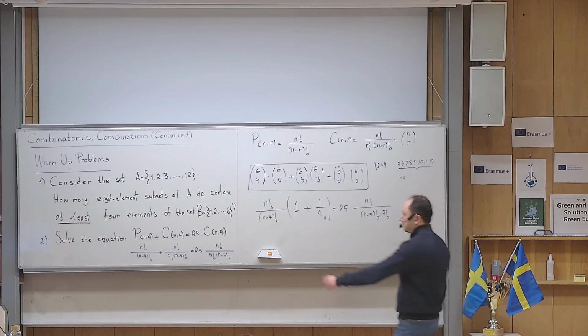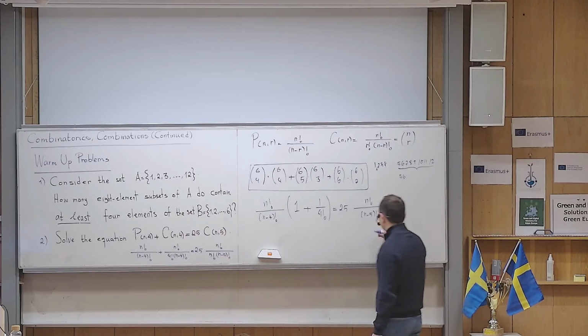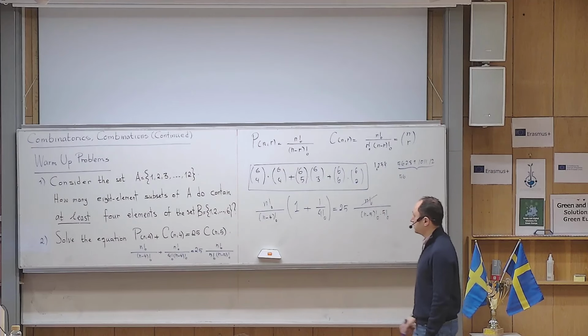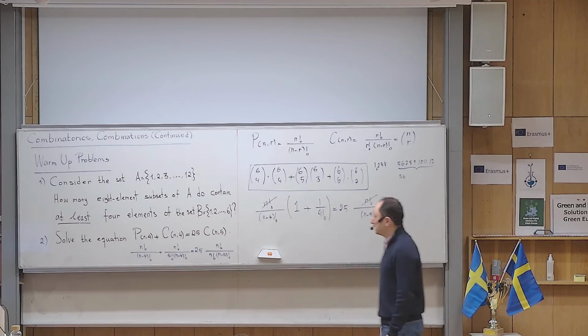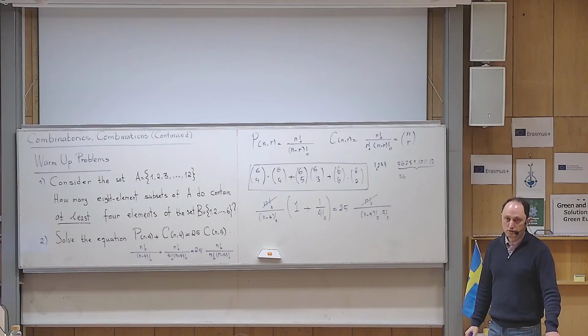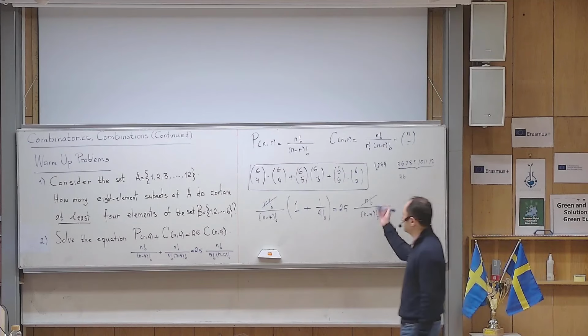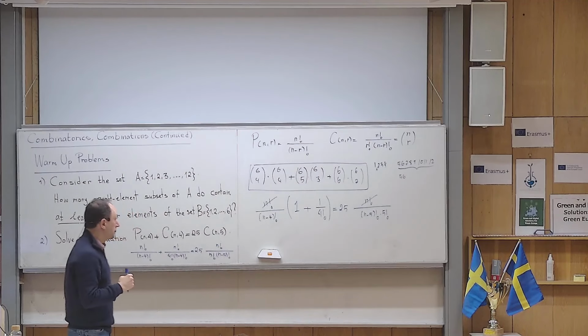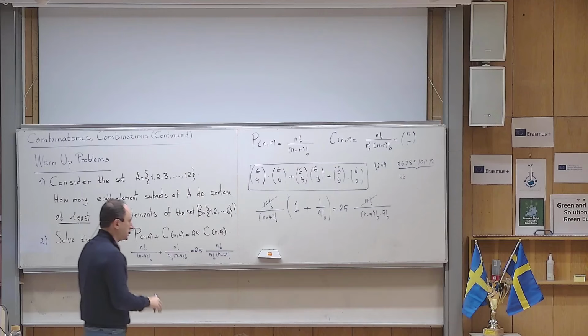It doesn't matter if I write 5 factorial on the left or on the right. But the reason I did it like this is because I can divide by n factorial, and this is plausible because n factorial is never 0. So I am on the safe side. Be careful. If you want to divide, you have to confirm that what you are dividing by is not 0, which in this case is guaranteed.